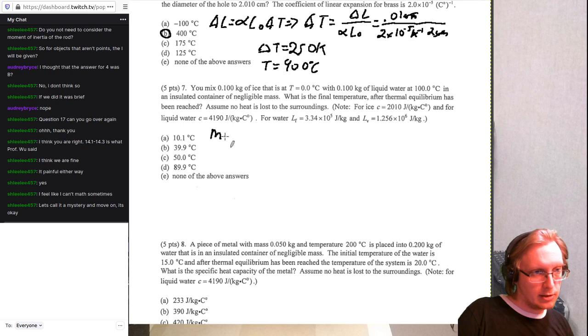Let's see here. Well, we don't need the masses. We just need the L plus the C delta T, which for the side of 100 is 10.1, and then we should be able to go minus 100 minus 10.1, and this should be equal to 0.